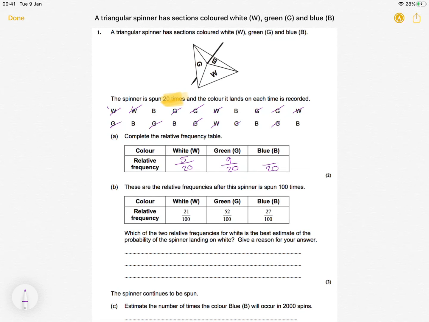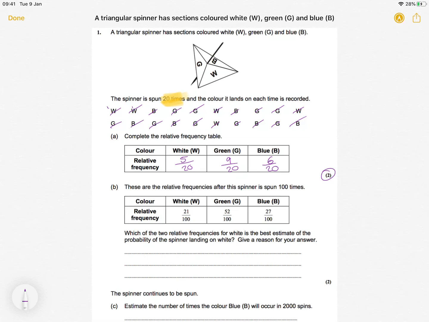Even before counting them, I should know. If I add 9 and 5, then I get 14. So I should have 6 blues, because in total there's 20. So let's just check that. 1, 2, 3, 4, 5, 6. Perfect. So I know I've got it right, because remember, all these probabilities need to add to 1. Right, so there's my 2 marks for that.